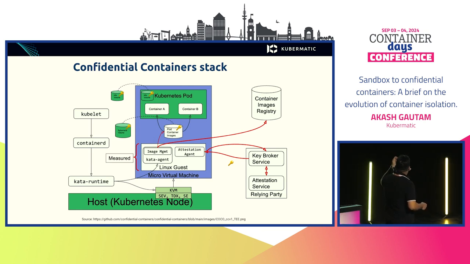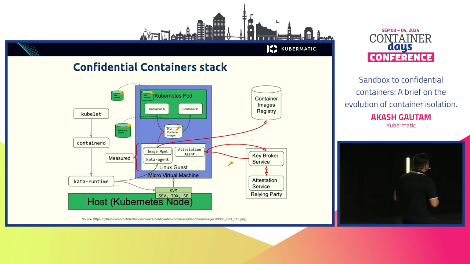For integrating in the Kubernetes ecosystem, there is a runtime class provided by confidential containers. When we want to deploy any confidential workload, we essentially need to specify the runtime class provided by the confidential container stack. And then other things are taken care of for us behind the scenes. So the Kata runtime generates the VM, but it has been extended to support confidential container functionalities.